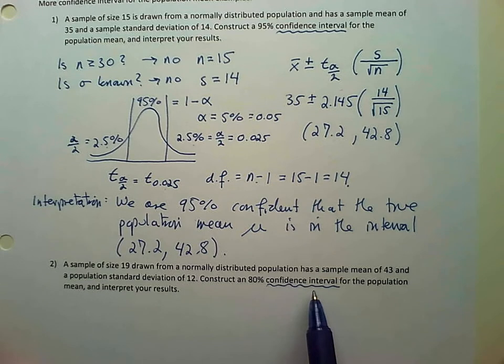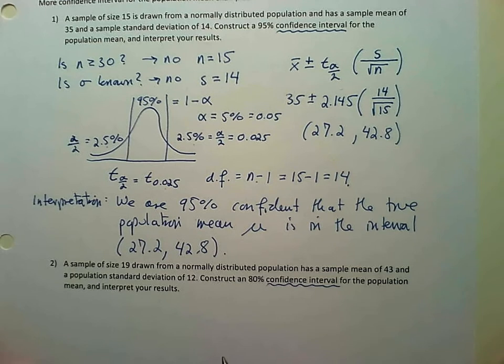Whenever we're dealing with a Chapter 7 question for estimation, we start off these problems by asking two questions. And those two questions are, is n greater than or equal to 30? So is our sample size greater than or equal to 30? And is sigma known?